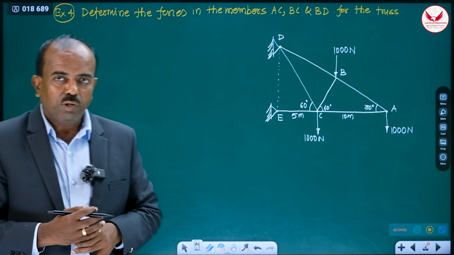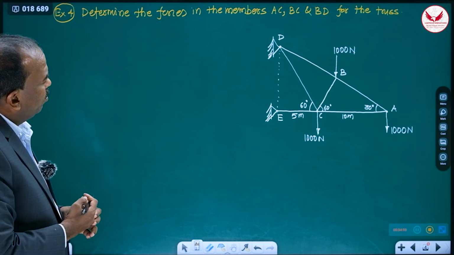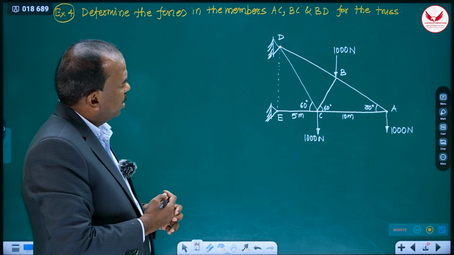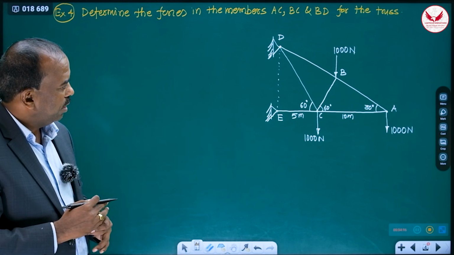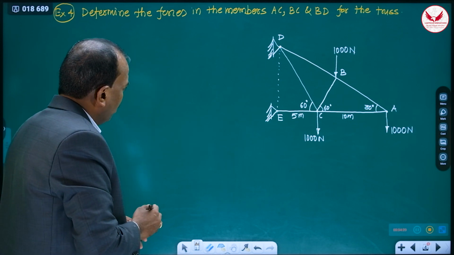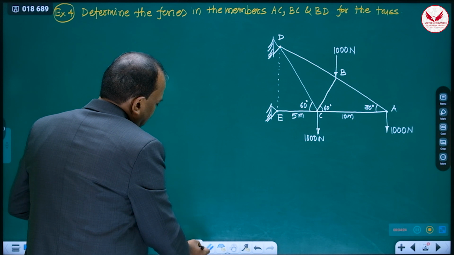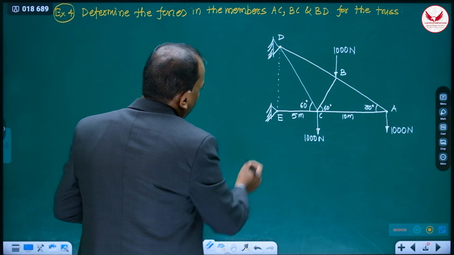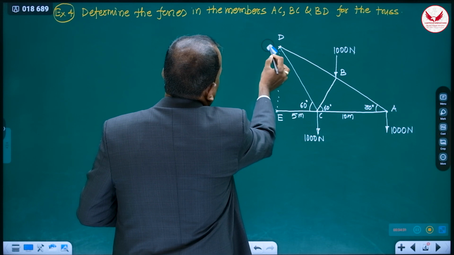Now again we'll see one more example on the section method. Determine the forces in the members AC, BC and BD for the truss by using the section method. Now see, it is also a cantilever type of truss. Normally I'll tell you, if a cantilever type of truss is there, it is going to be more simple. And here both the supports are shown hinged.